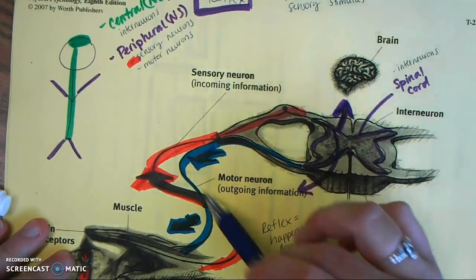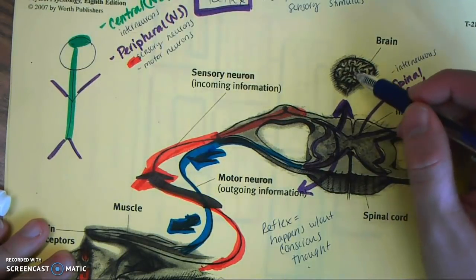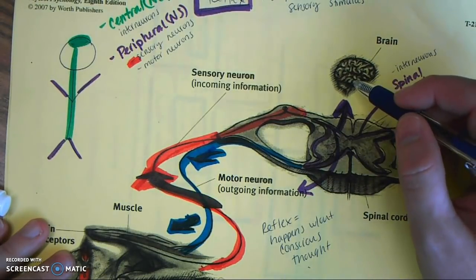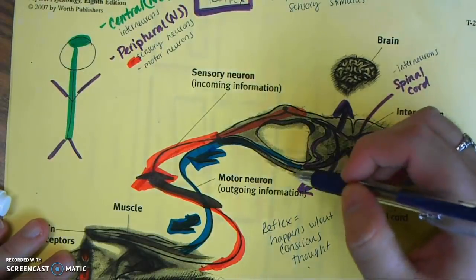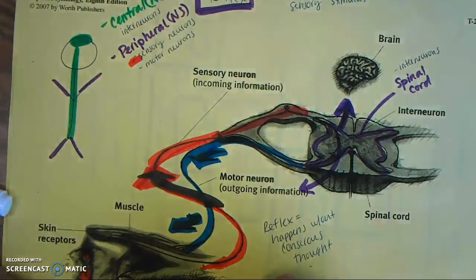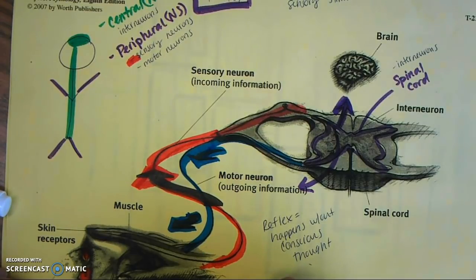And that happens faster than the interneuron going up to the brain telling your body, hey, I'm in pain. Which is why you can move your hand away from the flame before you even realize that it hurts because it's hot.